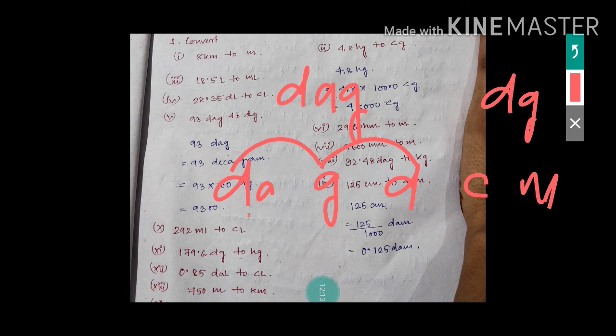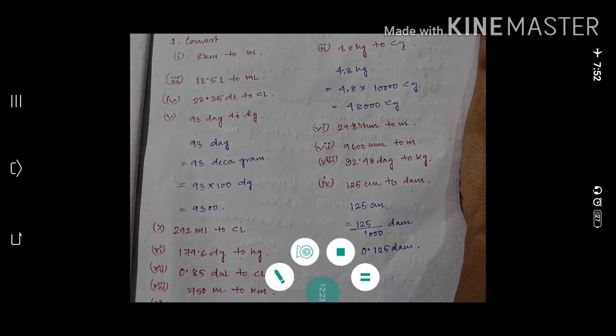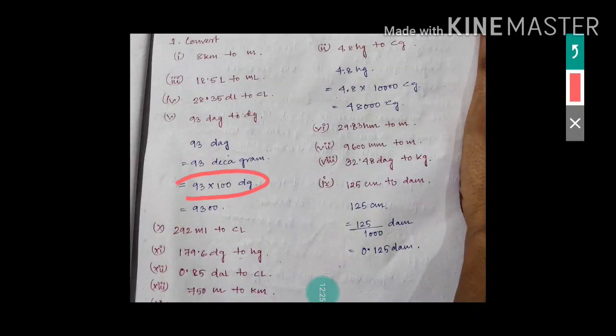Multiplication, because from the bigger side we are converting to the lower side, moving upward. So multiplication by 10 into 10, that means you have to multiply by 100. See, 93 into 100, this is decigram. Don't forget to write that unit. If you forget to write it, there is no use of converting. So it will be dg.